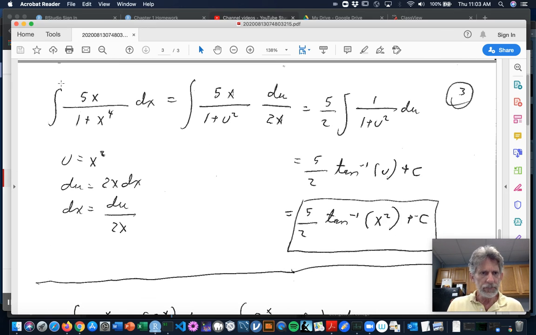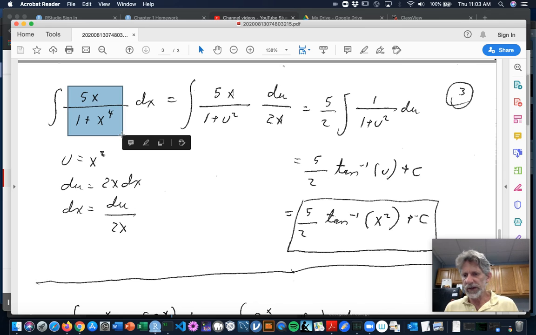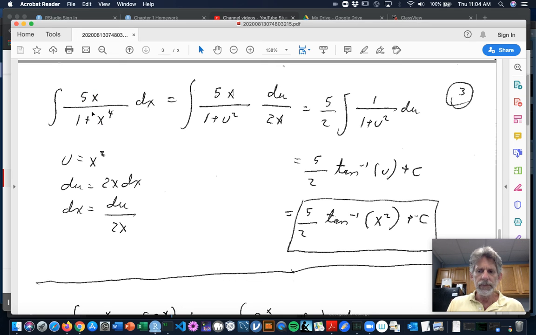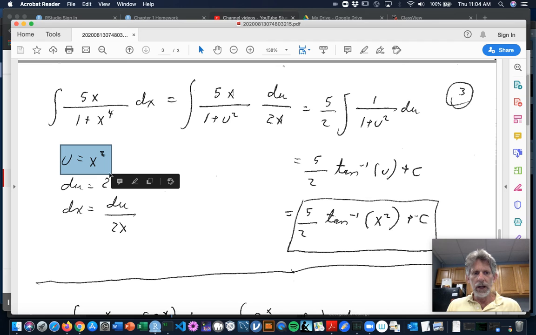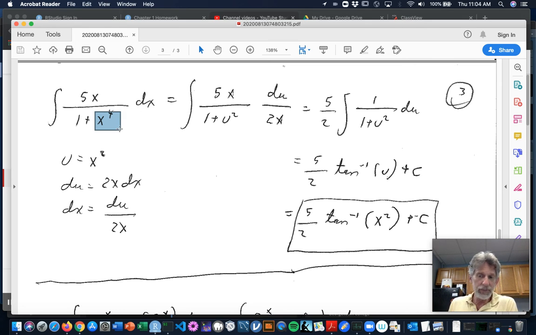How about this one? 5x over 1 plus x to the fourth. This looks like totally a stranger. But if you think about it, if I were to let u be x squared, squared makes x to the fourth. I could think of the x to the fourth as something squared. It's x squared squared. And then I would be looking at a 1 plus something squared on the bottom.